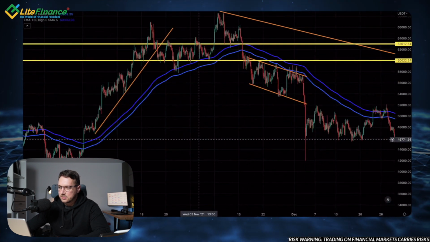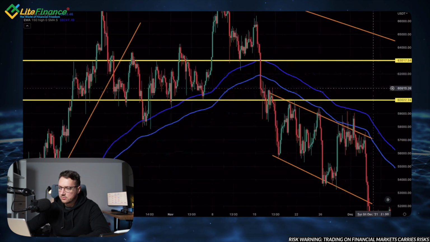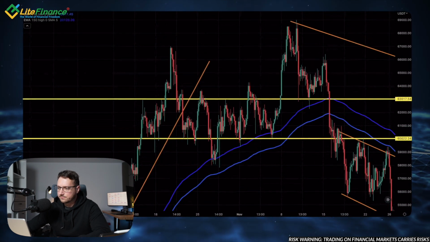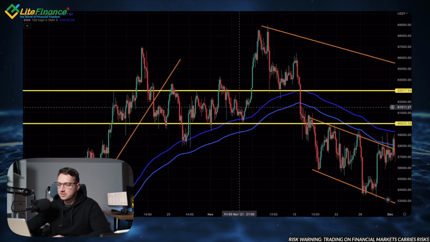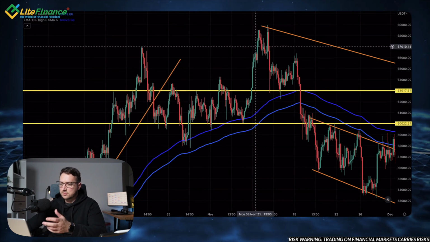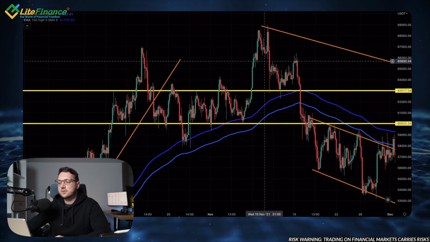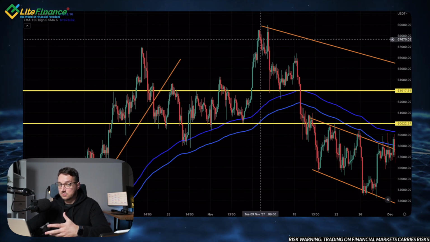Okay, if we digest this example even more, you can see that the price consolidated between those levels. We broke through to the upside, and again we made a higher high. This is also a crucial thing, so it is a signal that maybe it is a continuation.